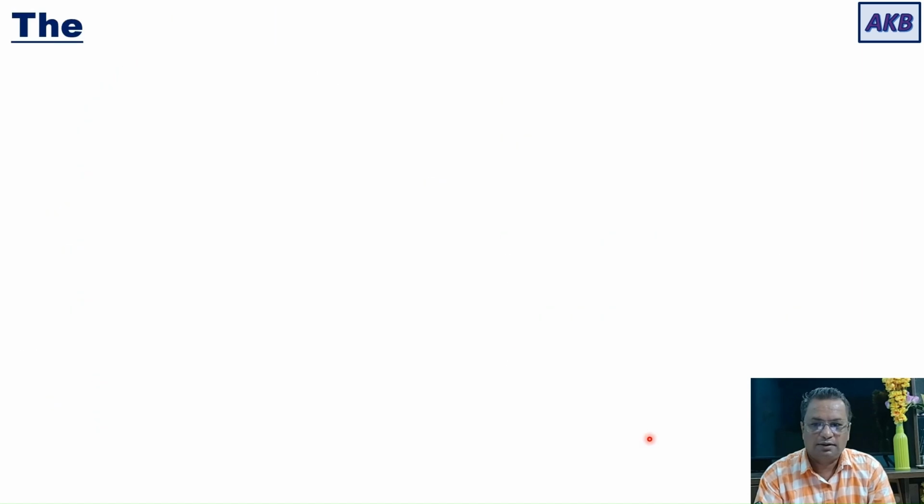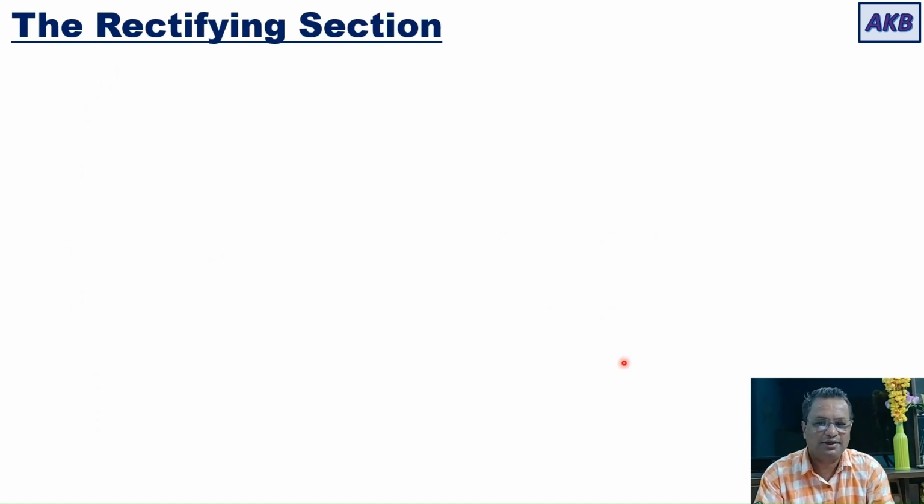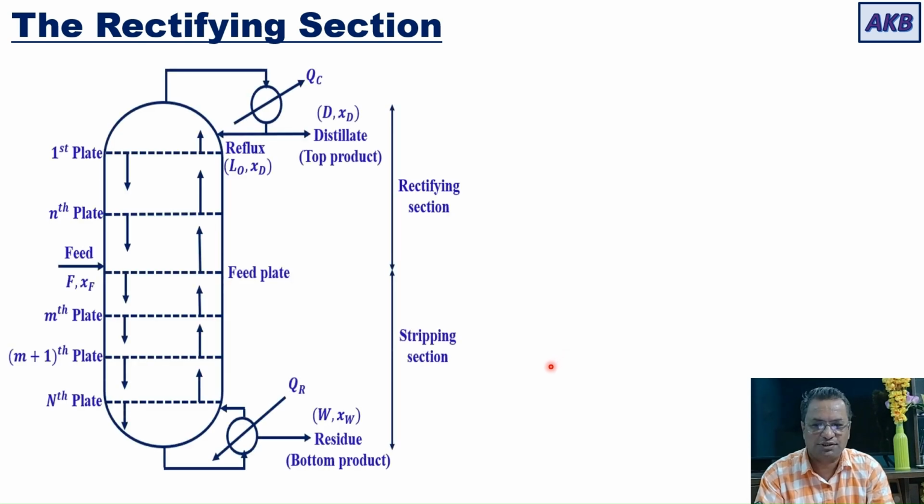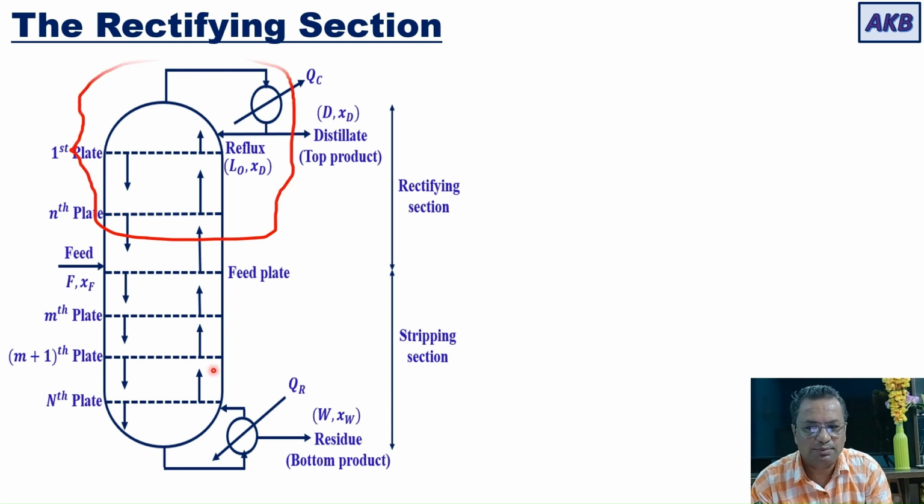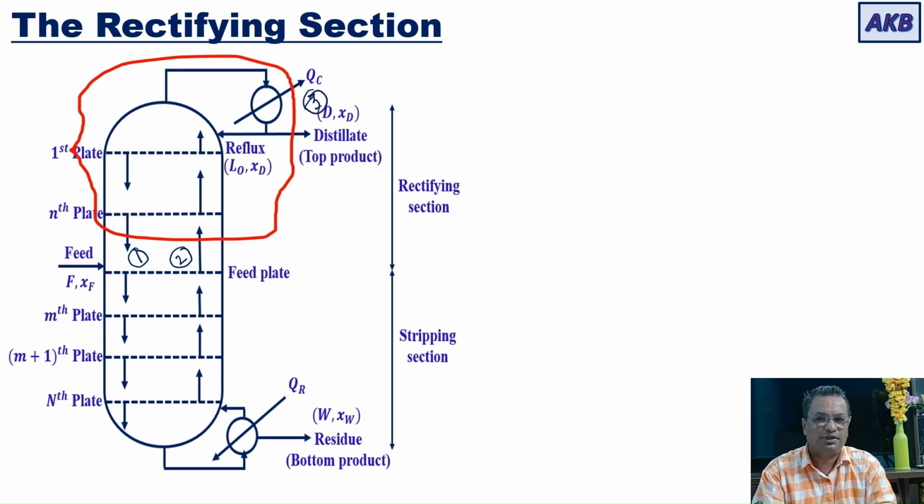Okay. Now, after considering the entire column, let us concentrate on the rectifying section. For that, I'm going to use an envelope to show the rectifying section. If you look at the diagram, you have a liquid stream coming out of the envelope, a vapor stream going into the envelope, and the distillate stream coming out of the envelope.